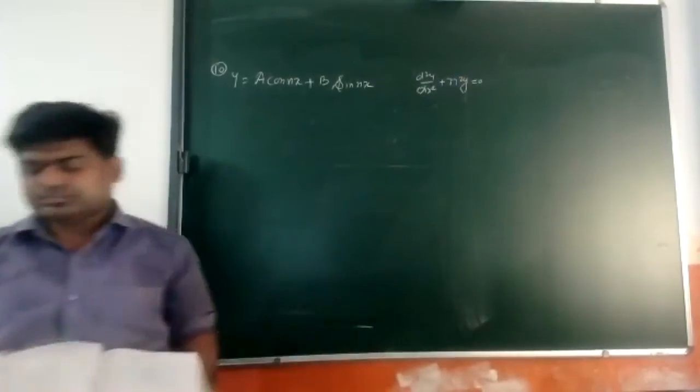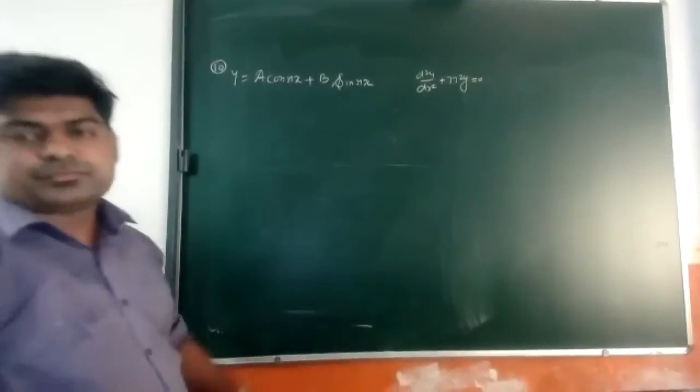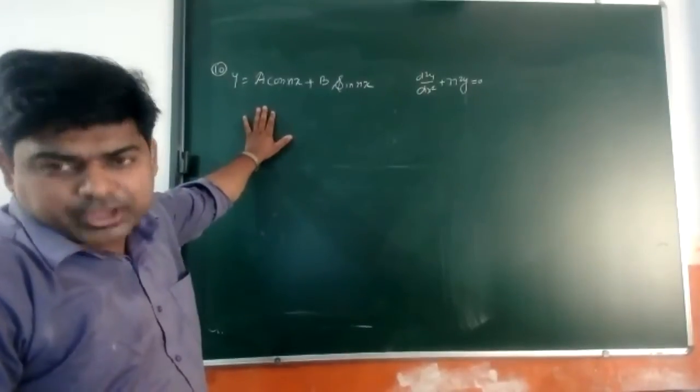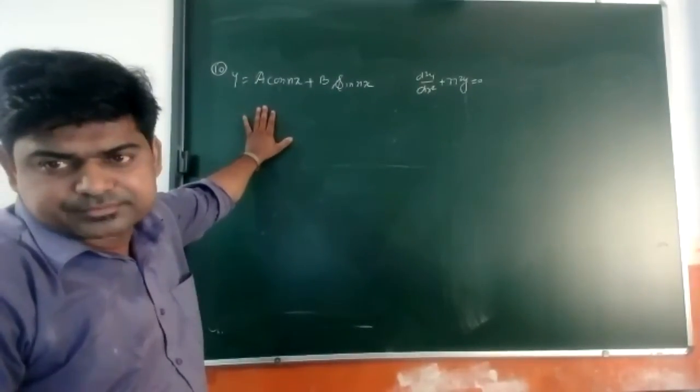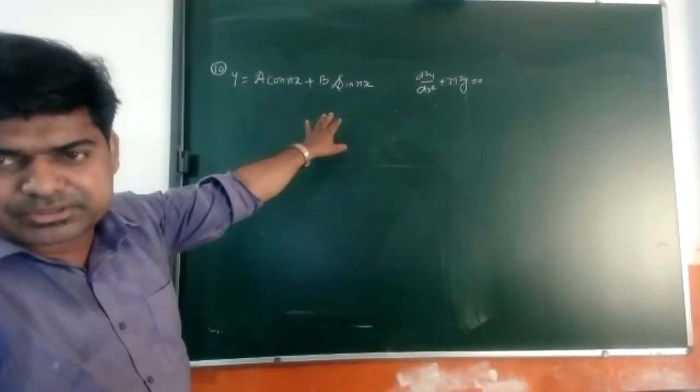Now listen to me very carefully. What I told you, we may use differentiation 2 times, then we will get d2y by dx square, and then after that some arrangement will take place.